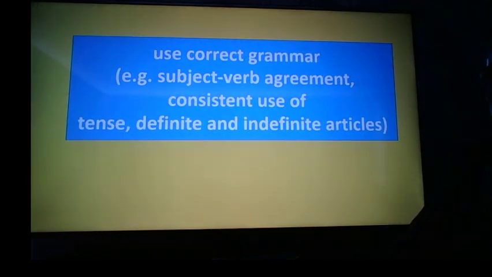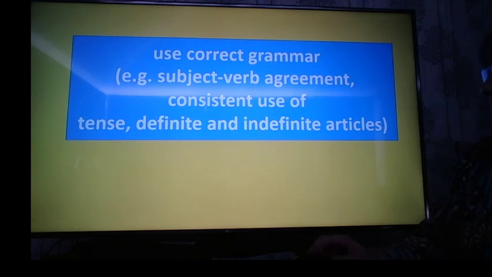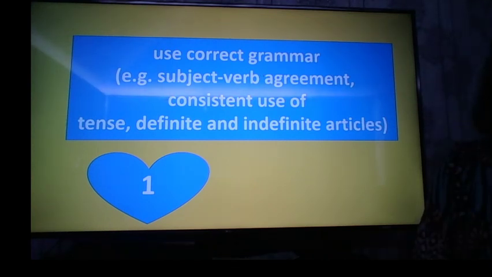Another thing that people worry about is correct grammar and your correct tense and that article that we're always forgetting to put in. Well, on entry level 3, if we were marking for this email, you only have 1 mark for that. So if you're worried about your grammar, if you're worried about your punctuation, that's only 2 marks you can lose.